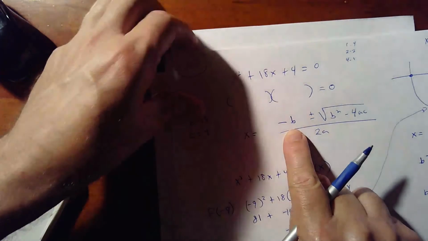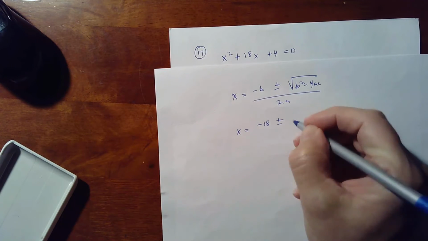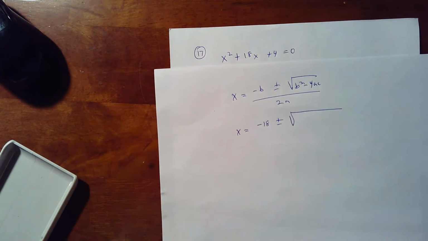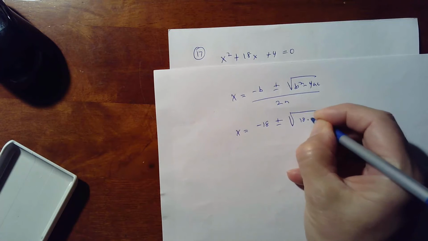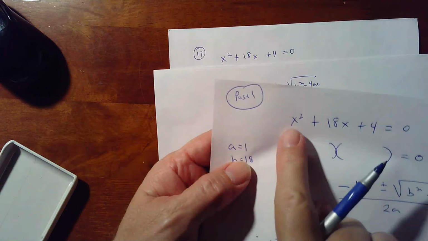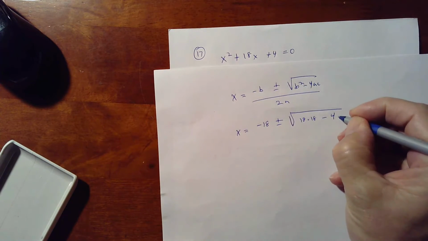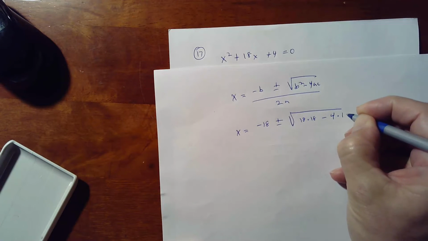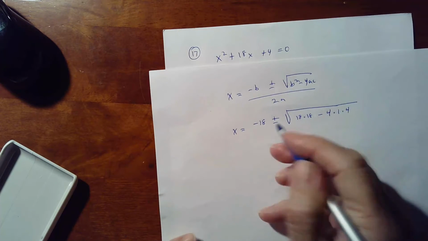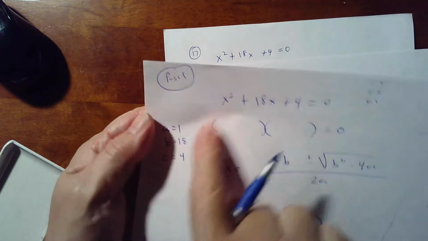So I have negative 18, plus or minus the square root of b squared, so 18 times 18, minus 4 times 1 times 4, over 2 times the a value, which is 1.